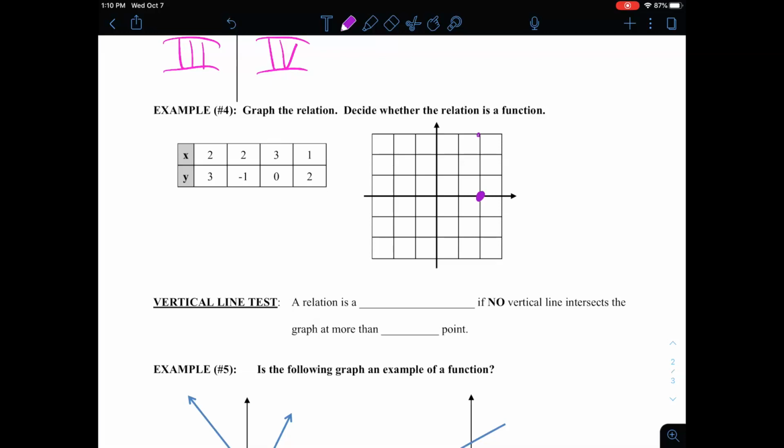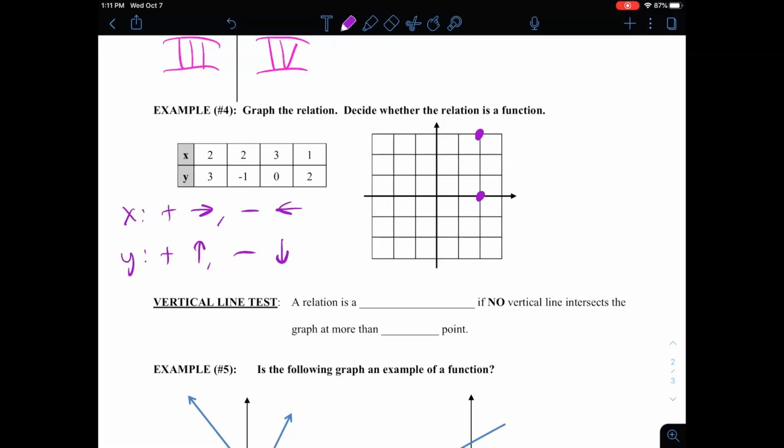We're going to go up 3. Right? Because for x, positives to the right, negatives to the left. And for y, positive is up and negative is down. Okay, that's just a little refresher for that.